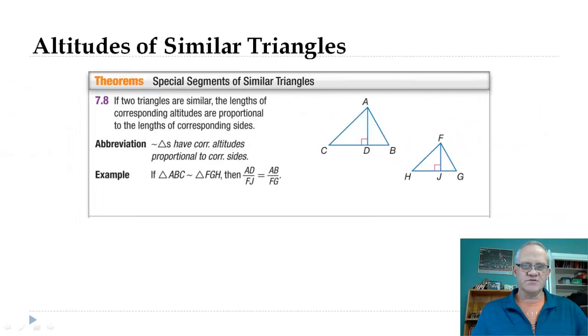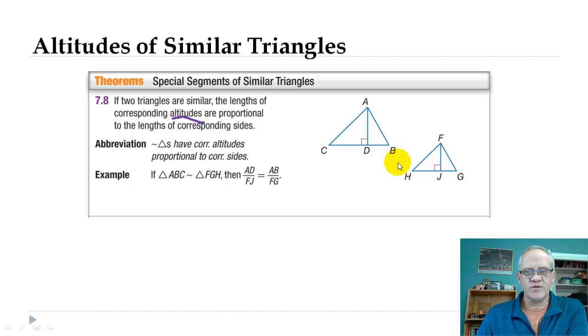All right, first of all, this is dealing with the altitudes. Remember what we know about similar triangles. This tells us here ABC is similar to FGH.